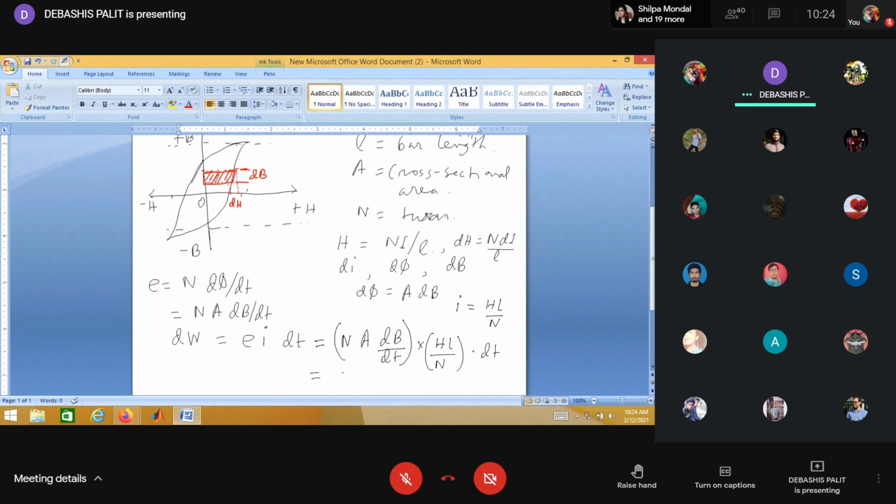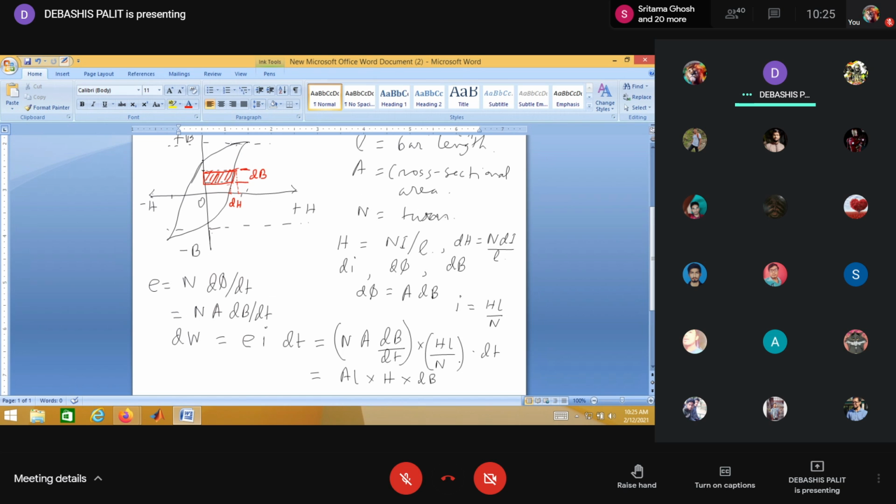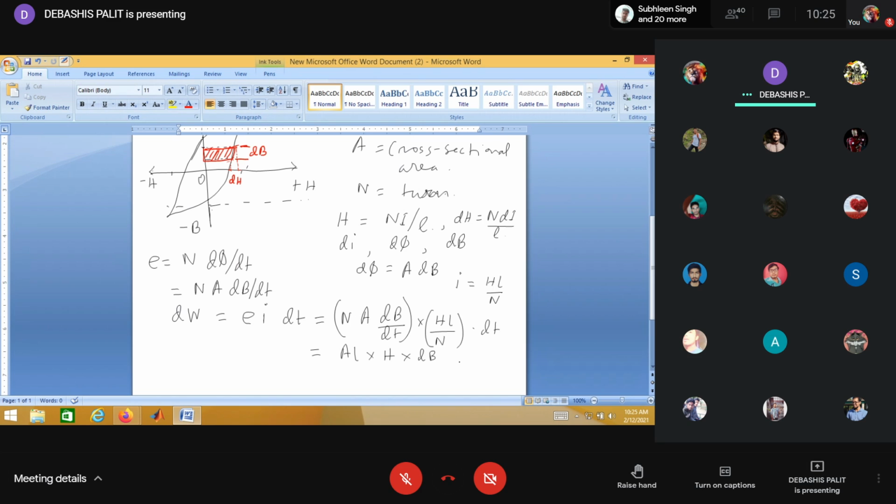Actually, that is A into L, the volume of the effective flux path, into H, the magnetic field intensity, into dB, the change of flux density. So H into dB is the area of this small portion.